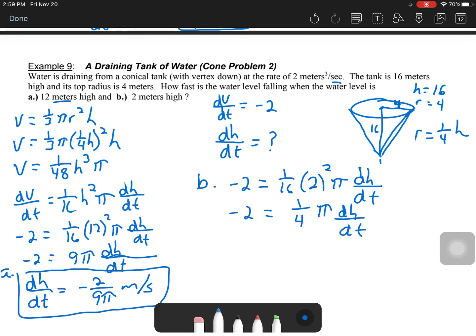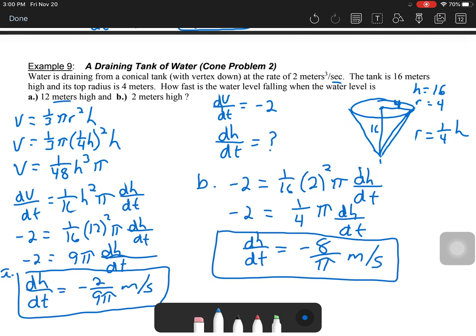If I'm dividing by 1/4, that would be like multiplying by 4, so I'd get -8 in the numerator, but I'm still dividing by π, so dh/dt would be -8 over π meters per second.